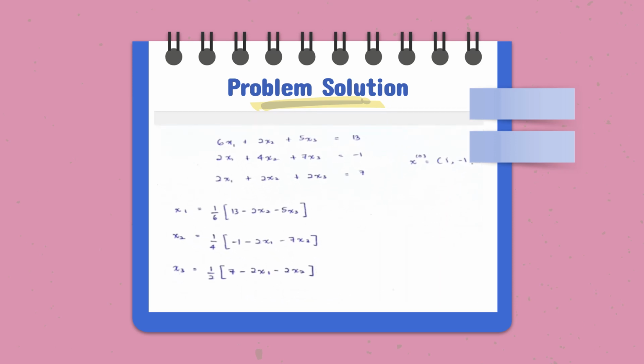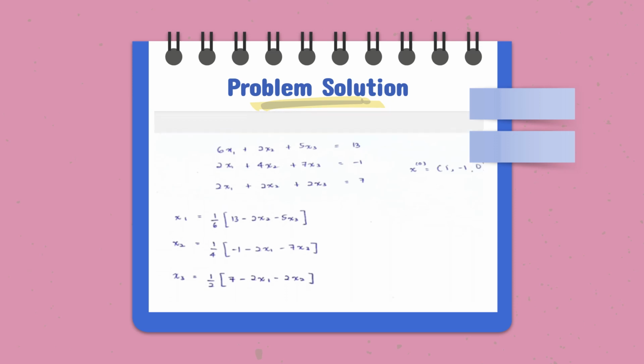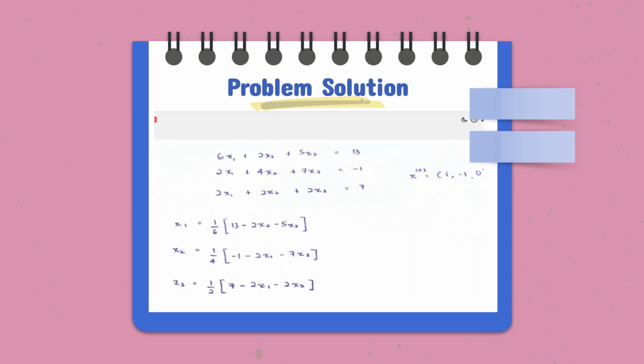For the first equation, 6x1 plus 2x2 plus 5x3 equals 13, we can use it to find the x1 value when you want to calculate at the first iteration, second iteration and so on. Because we need to find only x1, we just bring all the left hand side into the right hand side, and it will result in 1 over 6 bracket 13 minus 2x2 minus 5x3.